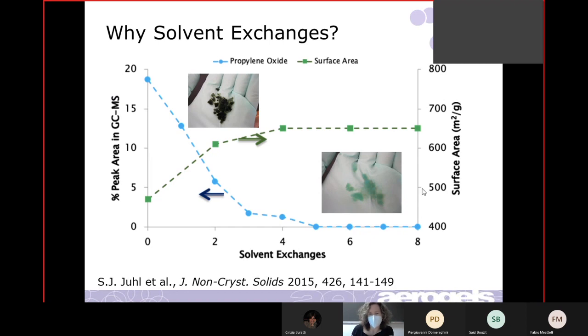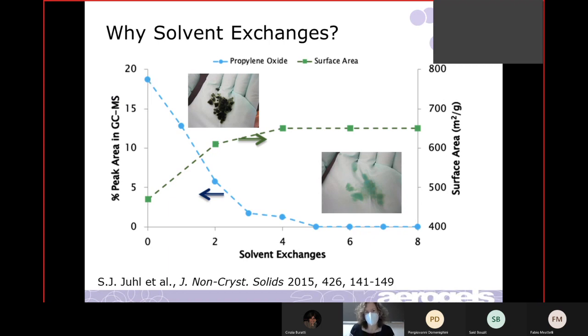But when we looked at the GCMS, we saw that we still had quite a bit of propylene oxide remaining in there. If we do 1 solvent exchange or 2 solvent exchanges, let's go to 2 solvent exchanges.